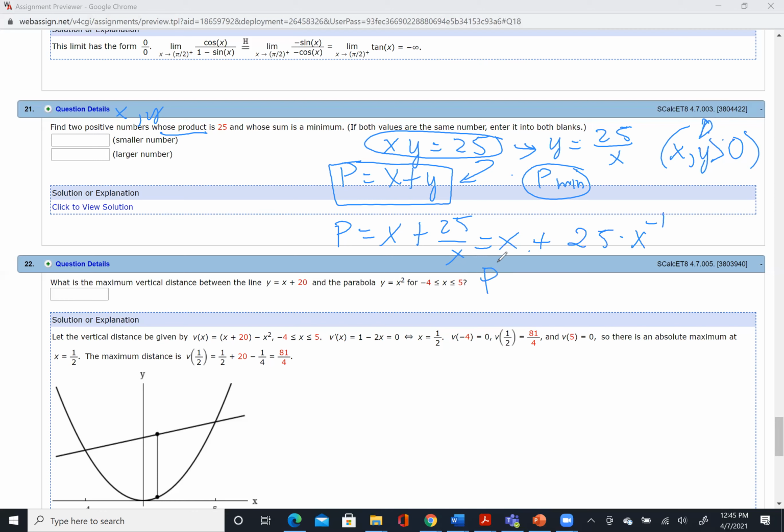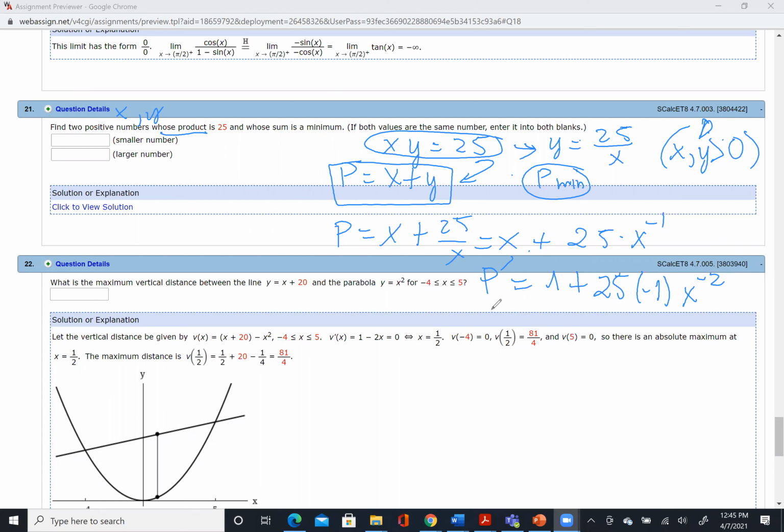Okay, so p derivative equals what? 1 plus 25 times -1 times x to the power -2. Can everyone follow me? Yeah, I follow you. Good. All right, so stop me if you cannot.